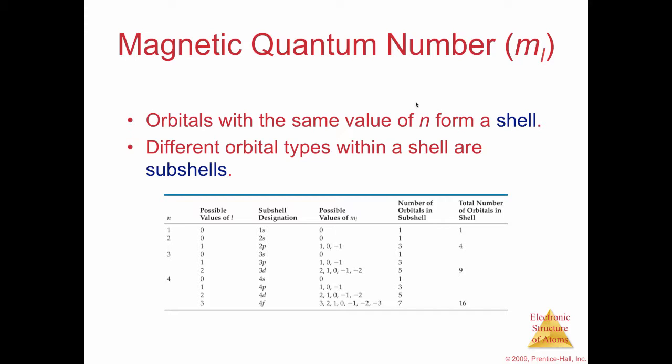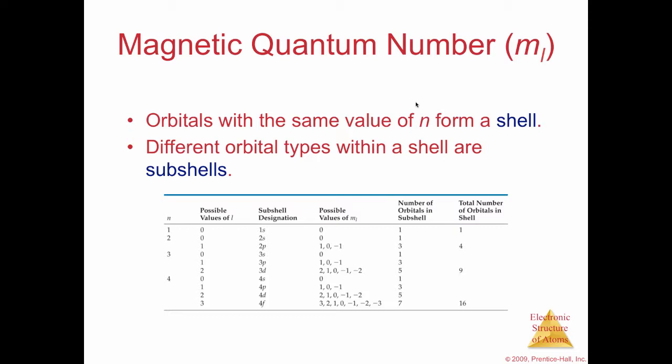Now the possible values of m sub L again deal with the orientation in space. Since the s orbital is spherical shaped, it only has one possible orientation, so they've designated that with a 0. Our p orbitals have 3 different orientations, px, py, and pz, and so it has 3 possible values of m sub L, 1, 0, and -1.